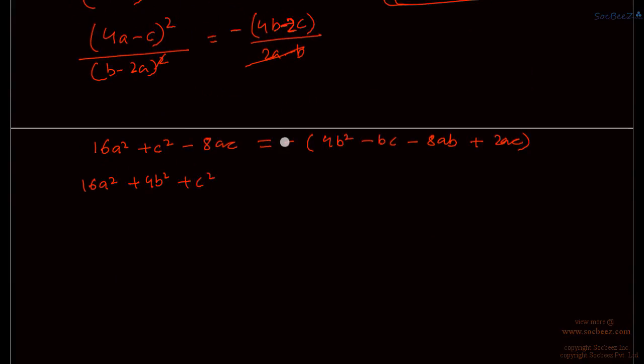Let's again write this part. So this should be equal to 4b into b, that's 4b squared, minus 2c into b gives me minus 2bc, 4b into minus 2a gives me minus 8ab, and minus 2c into 2a gives me 4ac. Fine. So this is the thing.